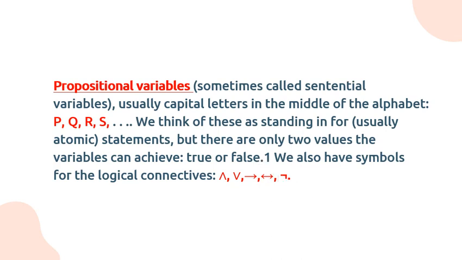We also have symbols for the logical connectives: the symbol for "and", the symbol for "or", "if and then", "if and only if", and the symbol for "not". You should memorize these. I think you have seen this in your Discrete Structures 1 basic discussion on logic, and even in other subjects like programming.